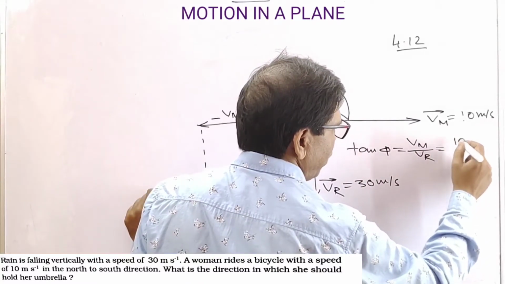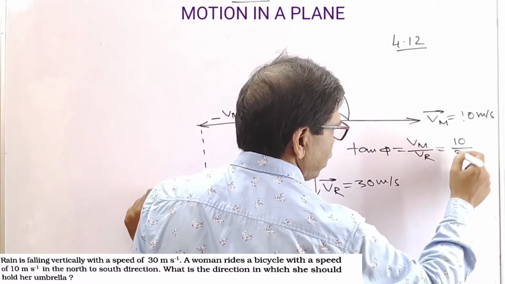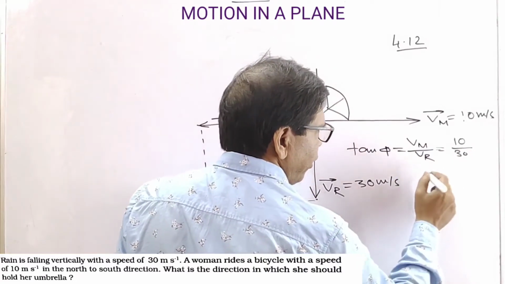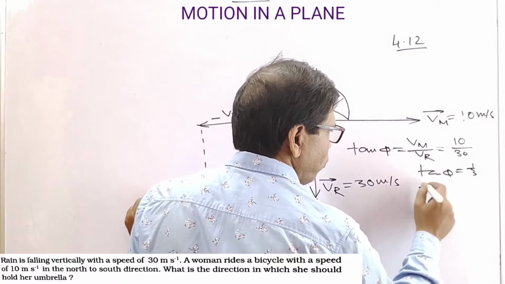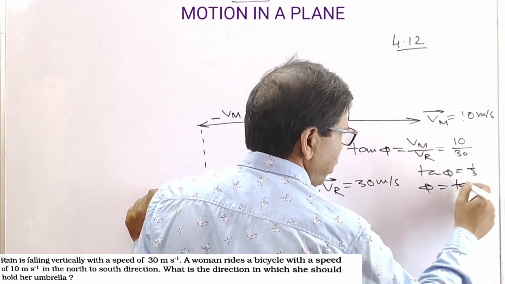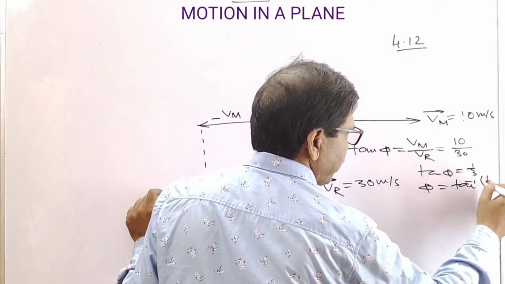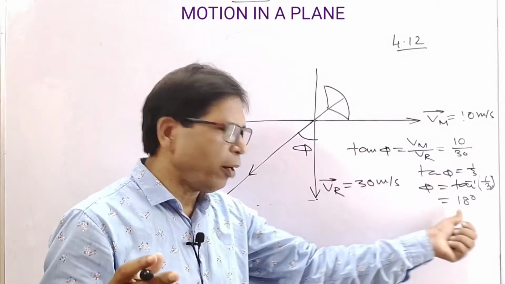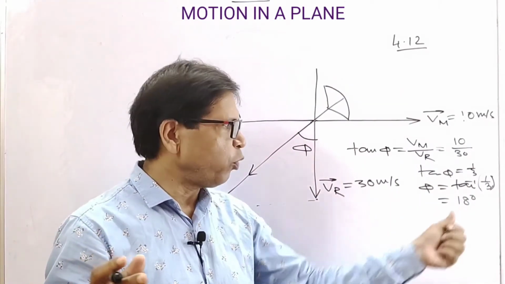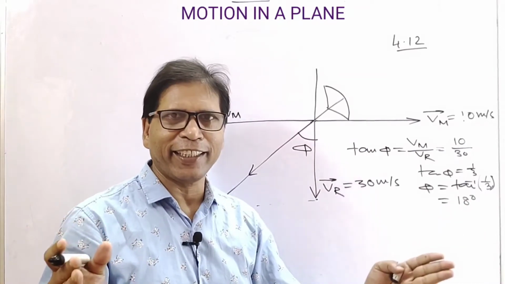Here Vm equals 10 and Vr equals 30, so tan phi equals 1/3. So phi equals tan inverse 1/3, which is almost 18 degrees. So the angle made by the umbrella with the vertical is 18 degrees.